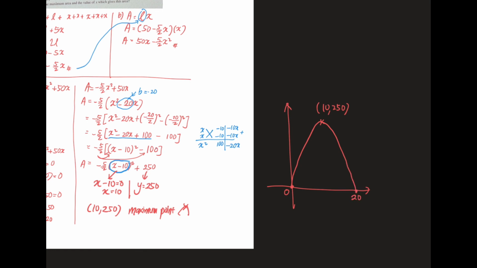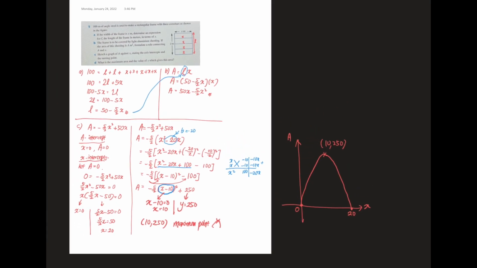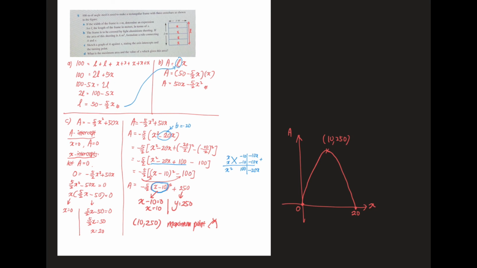So we have A versus x. This is the graph. I don't extend more here because I know the area cannot be negative, so I don't want to extend to the negative area, so I just stop at this point. I don't extend down, and here likewise I don't extend, as x cannot be negative as well, so I don't extend to the negative values of x.